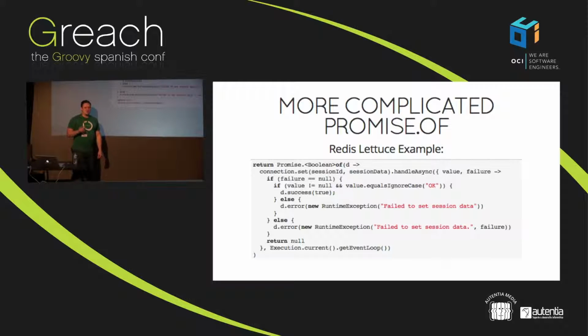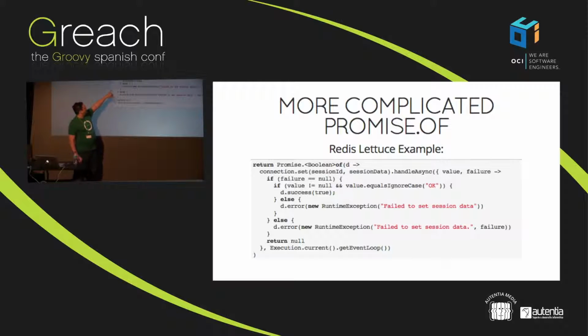What I wanted was to modify that so that it would actually throw an error, so that in Ratpack promises you can have the onError case or the .then. I wanted the onError case to fire if it was a failed Redis operation, because that's just the semantics that work for us.